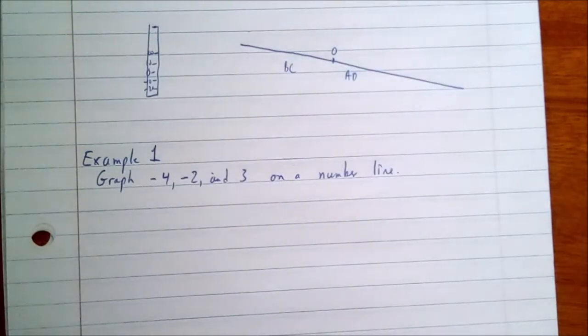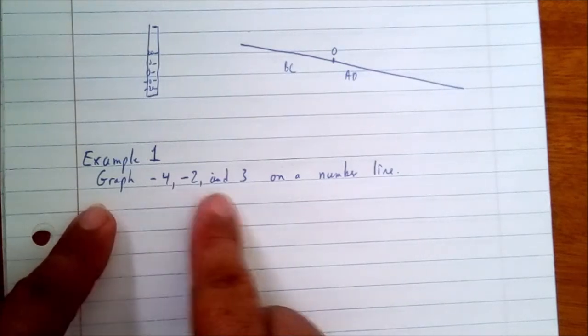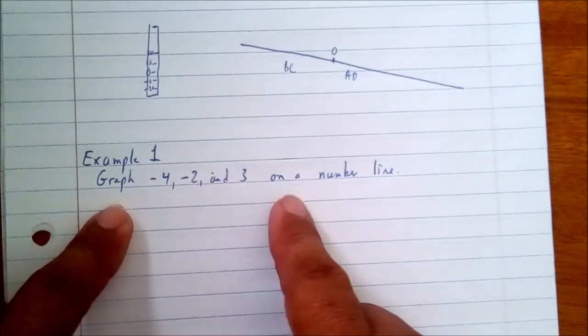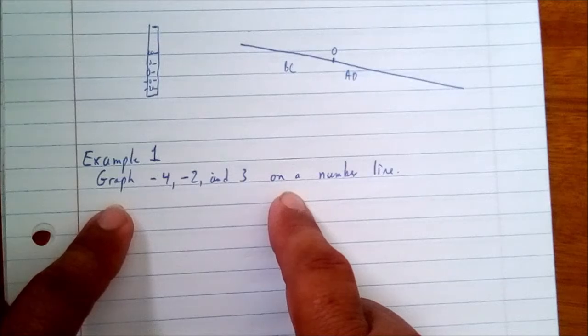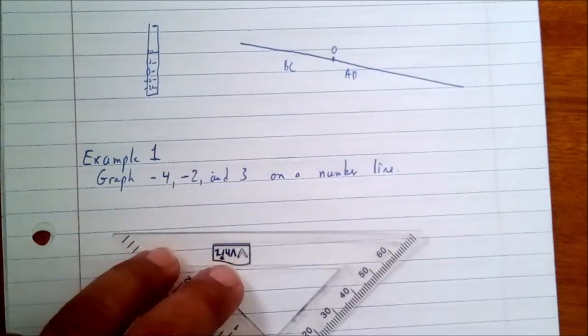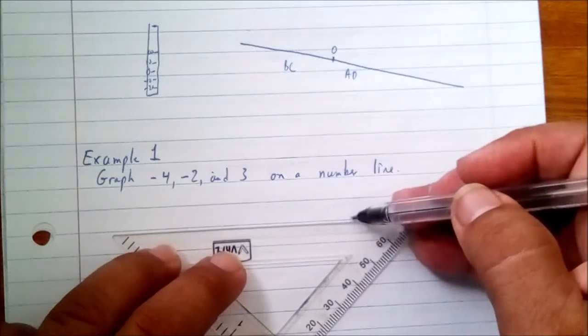So we need to have 3 things at all times: the strategy, how we're going to work this, why we are going to do it this way, and the solution. Our strategy here is to locate the position of each integer on a number line and draw a bold dot. So what does that mean? We come here and we draw our number line.